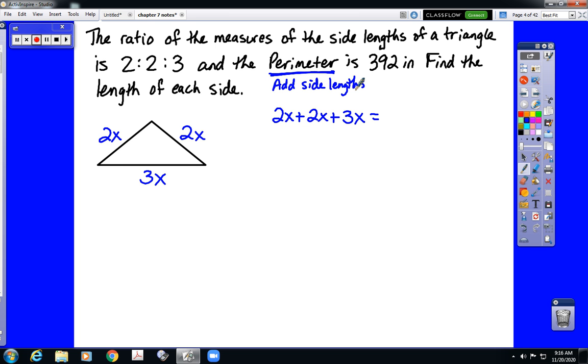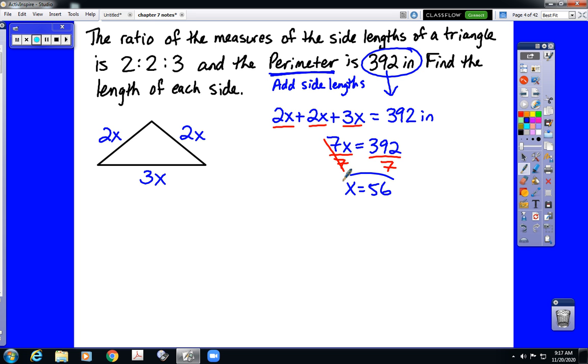So if we do 3x plus 2x plus 2x, that should equal the perimeter, 392 inches. Then we solve for x, just like we did in the last example. 2x plus 2x plus 3x is 7x equals 392. And we divide by 7, and we get x is 56.